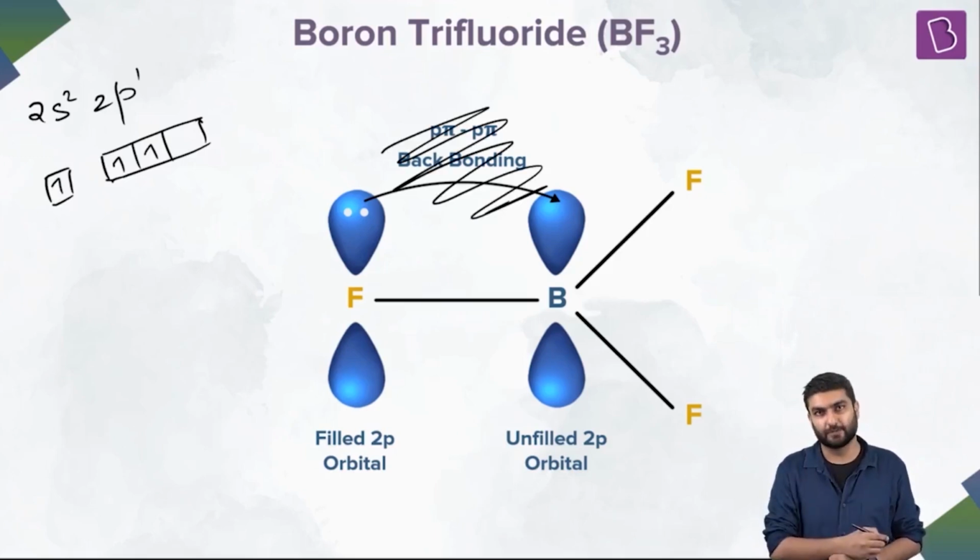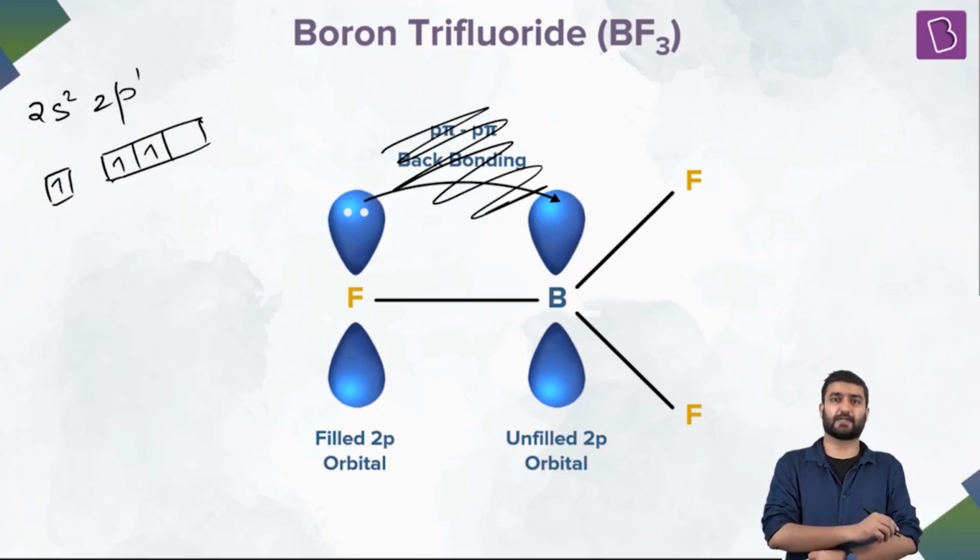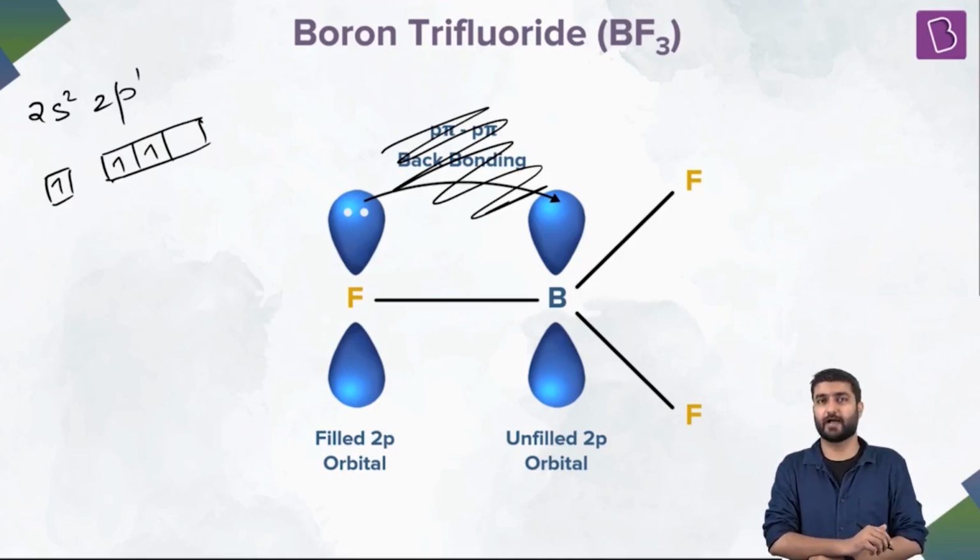Three bonds with fluorine. Now fluorine is sitting there like, you know what, dude? I have a lot of lone pairs on me. And in the last session we studied, because of its small size, all the repulsion angles and everything. So I have a lot of lone pairs on me. They are also attracting a lot of electron-hungry predators.